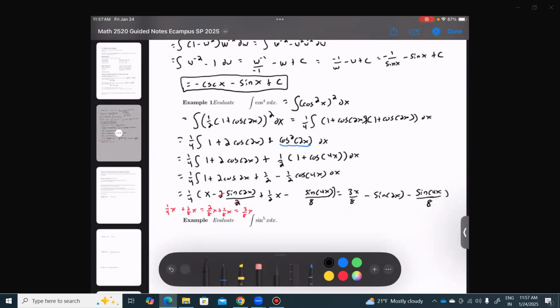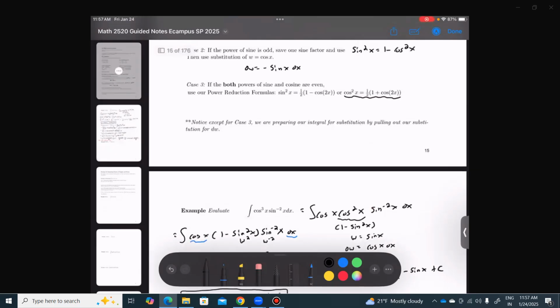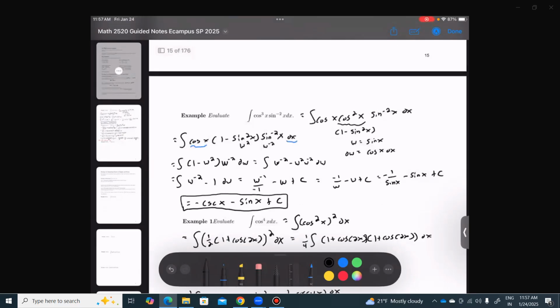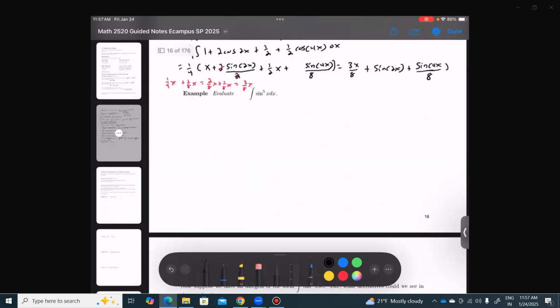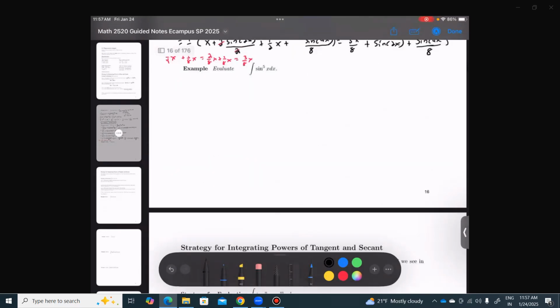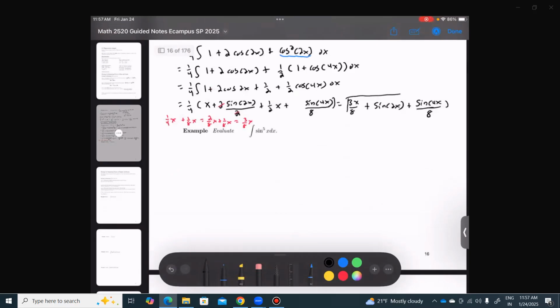I had switched the sign when I did it. Instead of having that be positive here, I had that be negative. Luckily, it didn't cause much of a problem. All right, so that's the final answer.